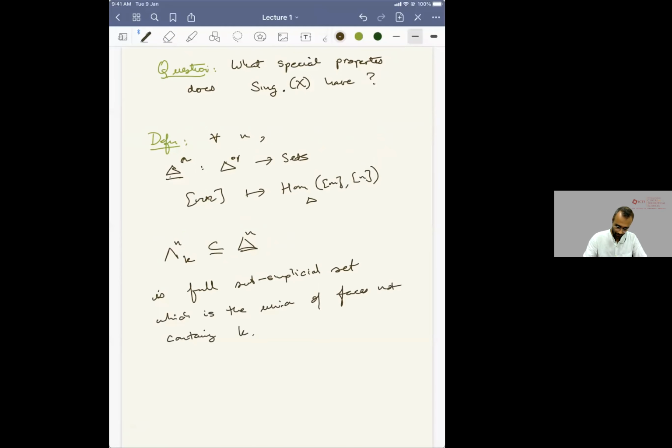So for example, delta 2, 0 is equal to this.